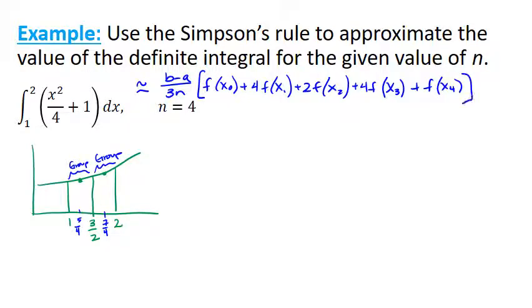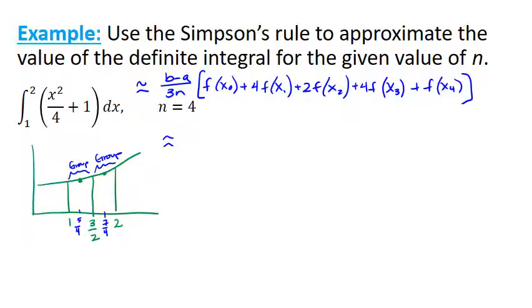The first term and the last term have a coefficient of 1. Okay, and again, if n equals 4, you are going to end up with n plus 1 terms here. Okay, so we're just going to plug everything in.